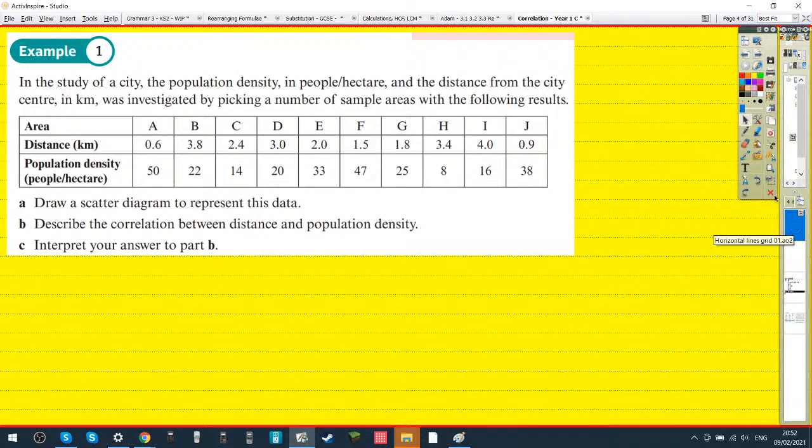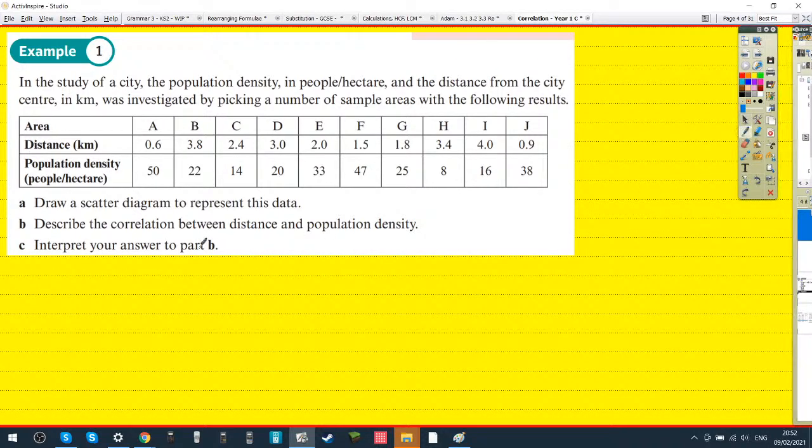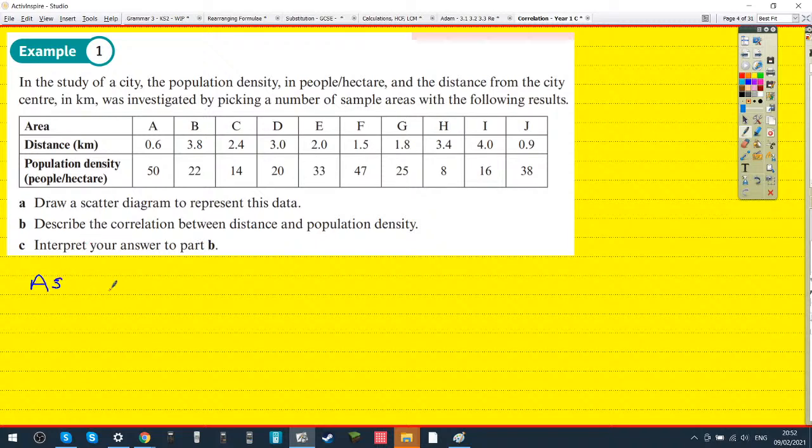So you could say, as the distance goes up, there's less population density. Yeah, so you could say, as x increases, y increases is positive correlation.